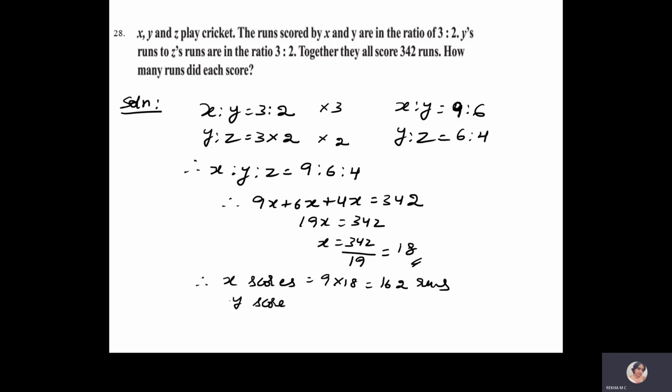Y scores 6 into 18, that is equal to 108 runs. Then Z scores 4 into 18, that is equal to 72 runs.